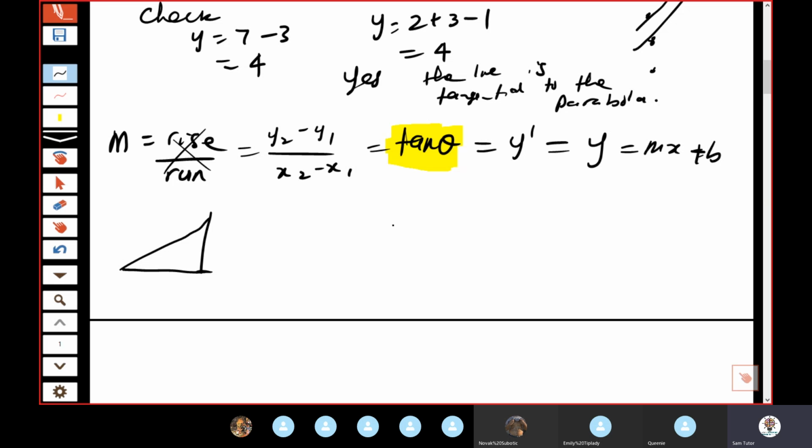Now, this tan theta one: if you ever see angles with gradients, it's always talking about tan theta. I'll prove it real quick. There's your theta. Tan theta is opposite over adjacent.